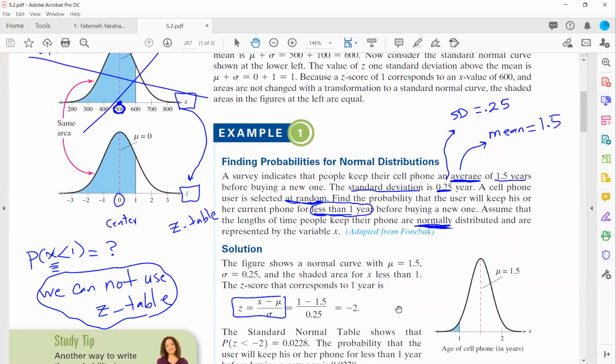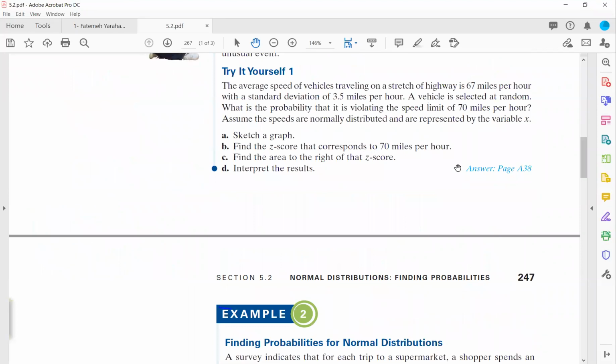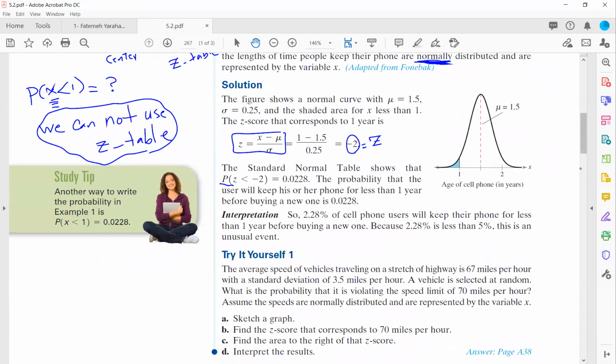Perfect. 1 minus 1.5 divided by 0.25. If we do the algebra, the outcome is equal to -2. So we found our Z, which is -2. And since it says less than, on the left-hand side of Z, we're finding the probability that Z is less than -2. Now you can use the Z table.